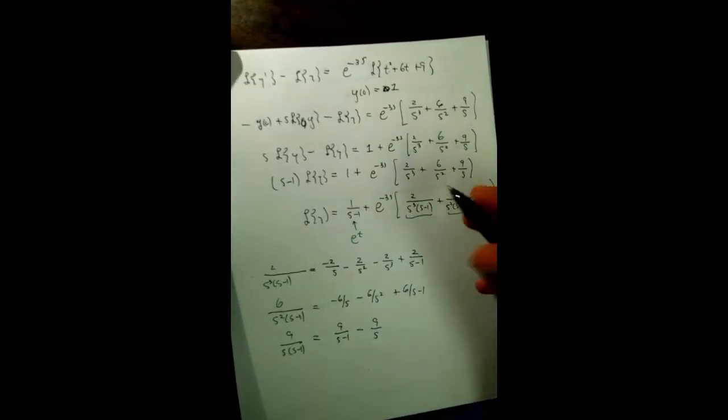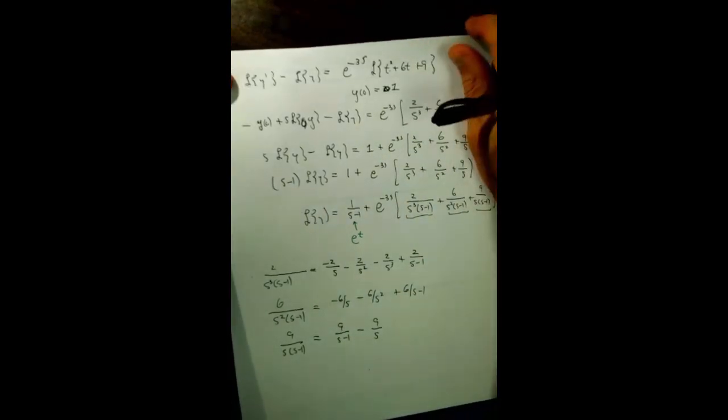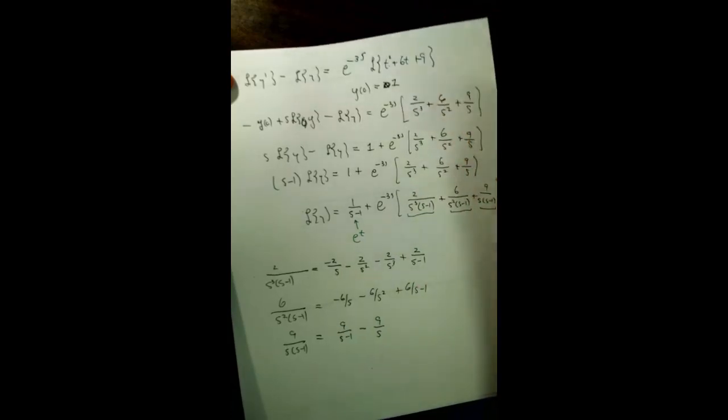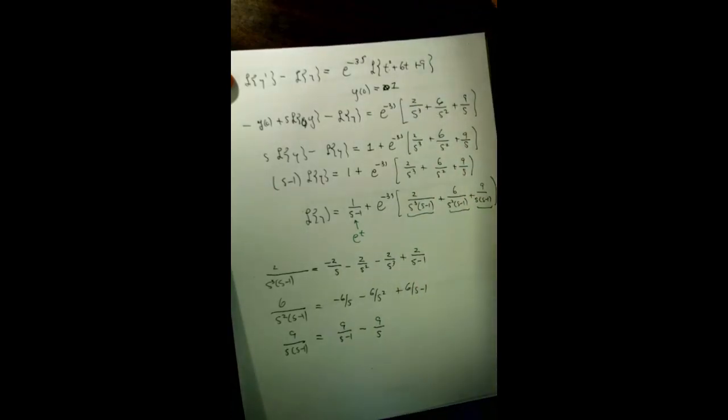Okay, I'm not going to go through and do this because it's really tedious and long and boring, but you should be able to do this on your own, and you should be able to verify this.